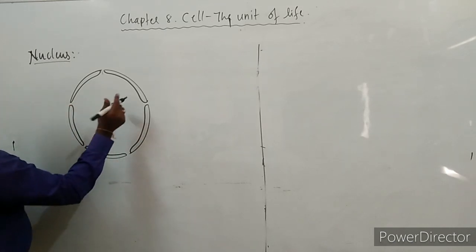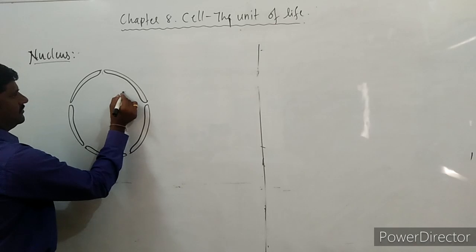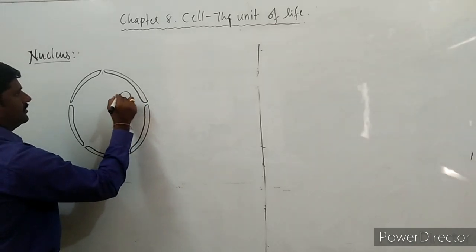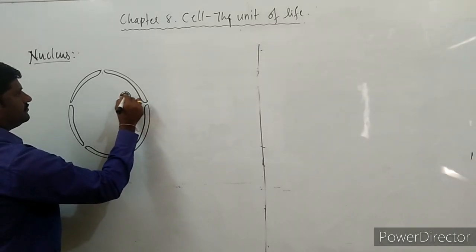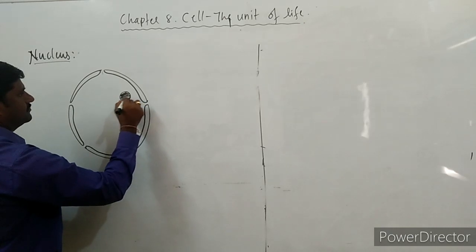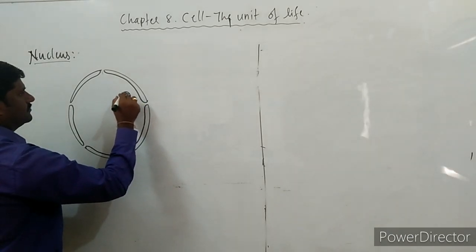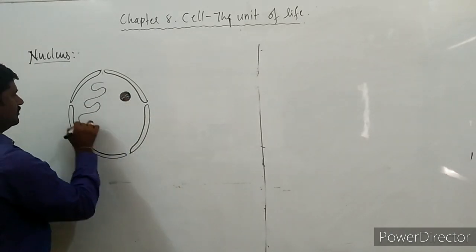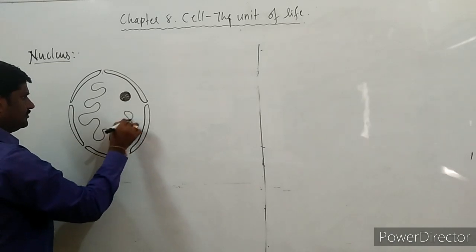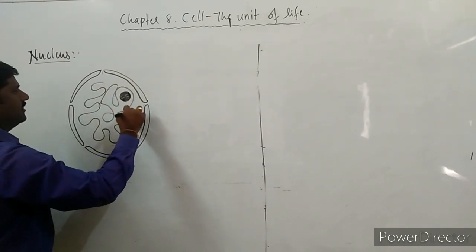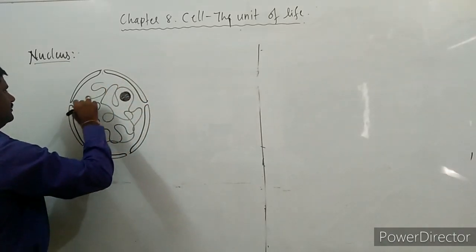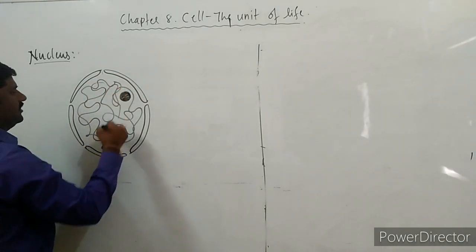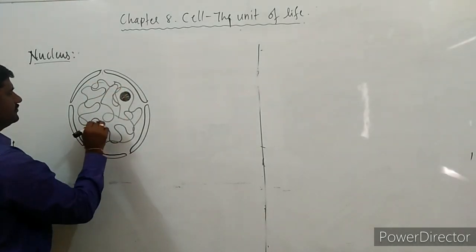Okay. So this is the structure of the nucleus itself. This is the nucleolus, and this thread-like material inside is the chromatin network.